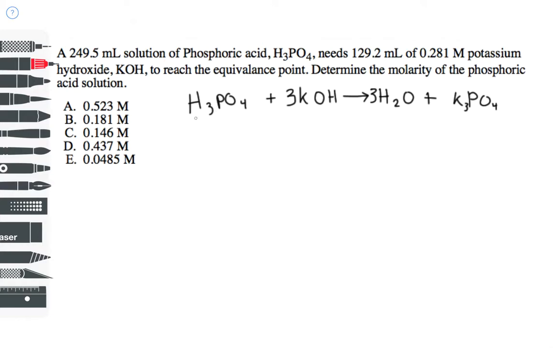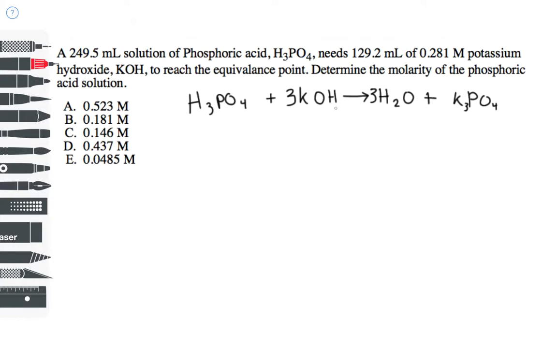How many H do we have on this side? That would be 3, plus 3, that's 6. On this side we have 3 and 2, 6. How many oxygens on this side? We have 4, and then a 3, that's 7. On this side we have 4 and 3, 7. How many potassiums? 3 and 3. Phosphate, 1 and 1.